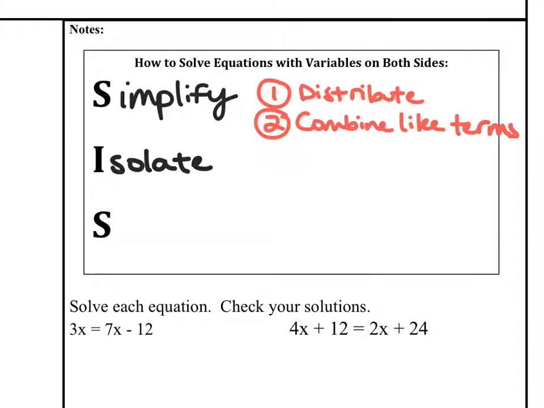If we're going to isolate, what I mean by that is that you are going to either, so I'll put a little dash.